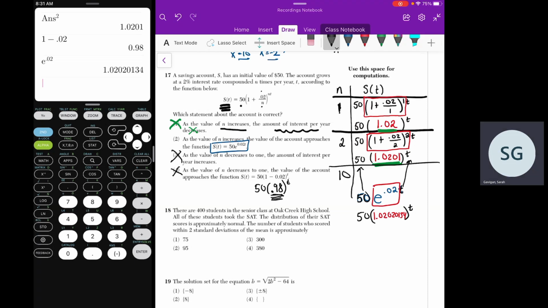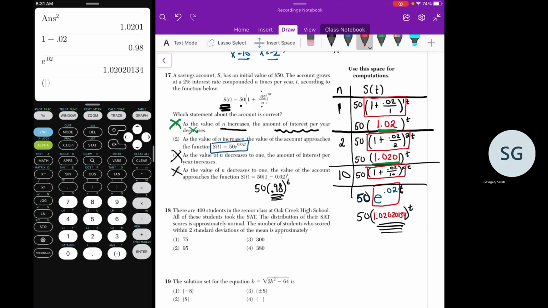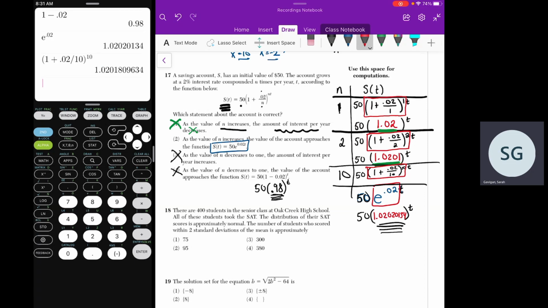Let's pick 10 and see what happens to my function. And we want to see, is it approaching, meaning is it getting closer to that number? So if I take 50 and do 1 plus 0.02 divided by 10 to the 10t, and just type in that amount. So again, either you can use parentheses like I'm doing now, or you have to hit enter before you raise it to the 10th power.